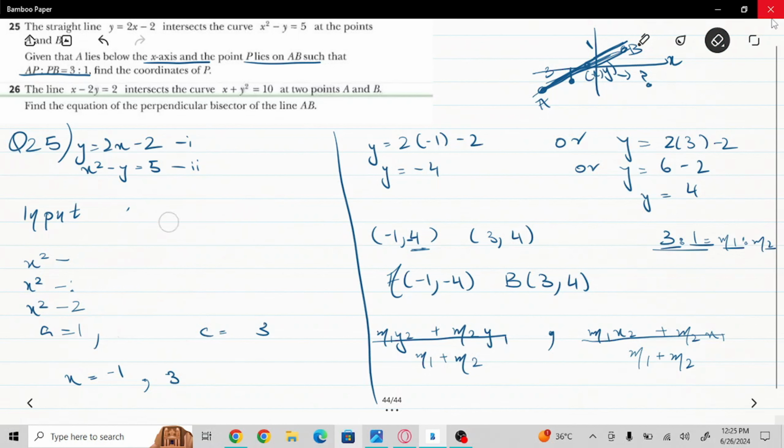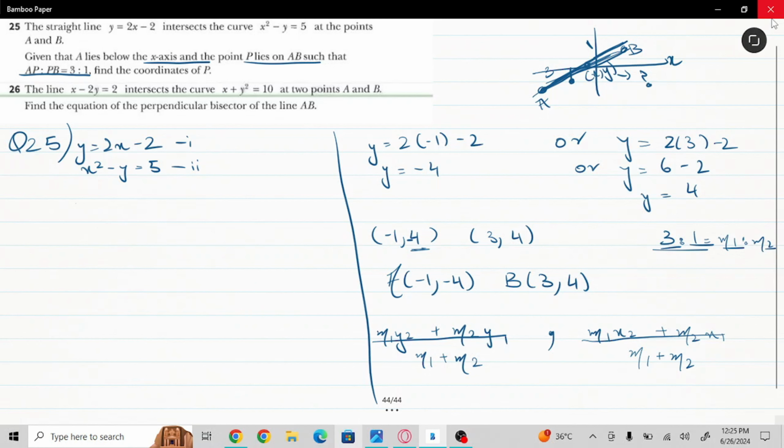And let me clear some space so that I can solve this out. So for the y value, we are just going to input the values. Now we have two y values, y2 and y1. So m1, what was m1? m1 is 3. So m1, 3, multiplied by y2.